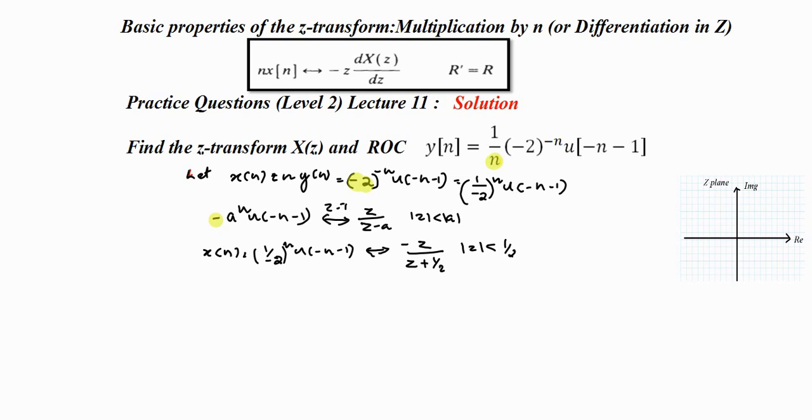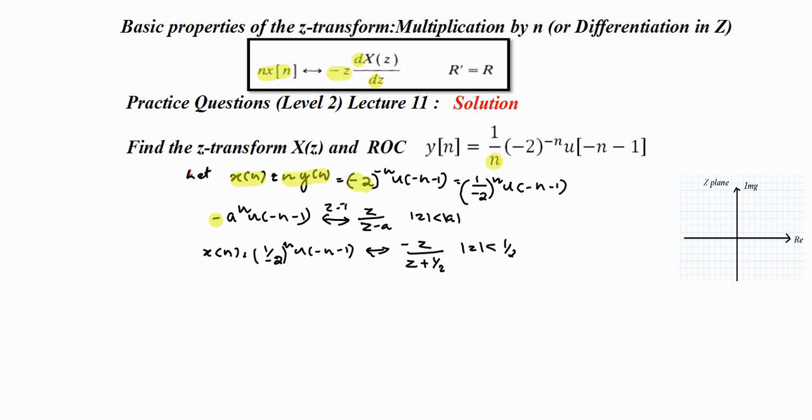And now you can see that x of n is defined as n into y of n. Now I can take the differentiation property here. So n into x of n can be written as minus z into d by dz of x of z.